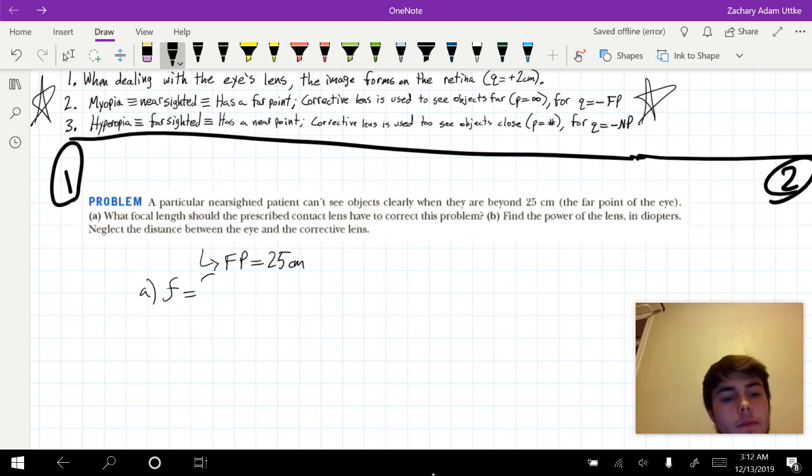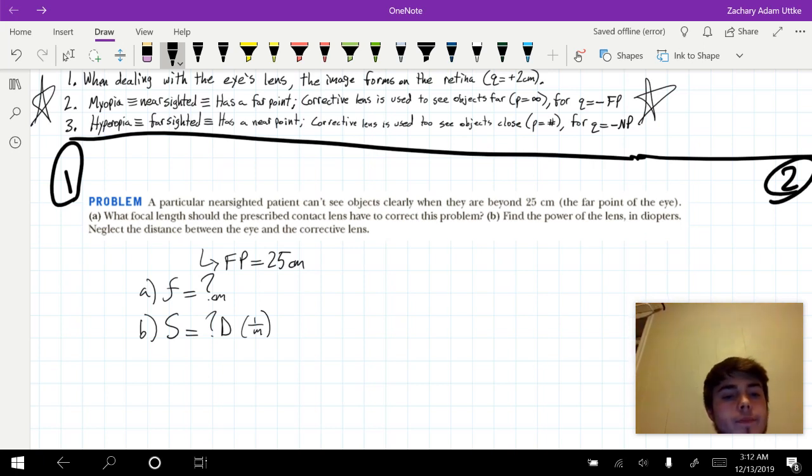So we're looking for focal point. Find the power of the lens in diopters. The symbol for power is S, and it's measured in diopters, or inverse meters.